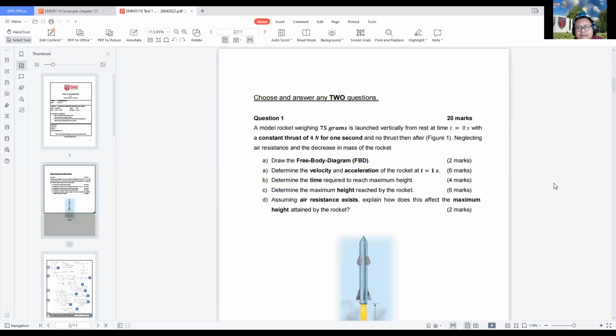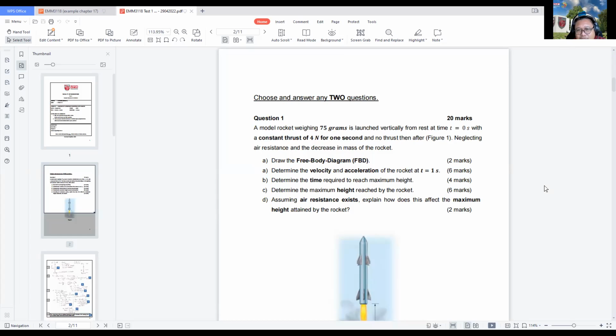Okay, on this first question, we have a model rocket, the weight is 75 gram, launched vertically from rest at time t0 with a constant thrust of 4 Newton for 1 second. And then after 1 second, there is no more thrust.